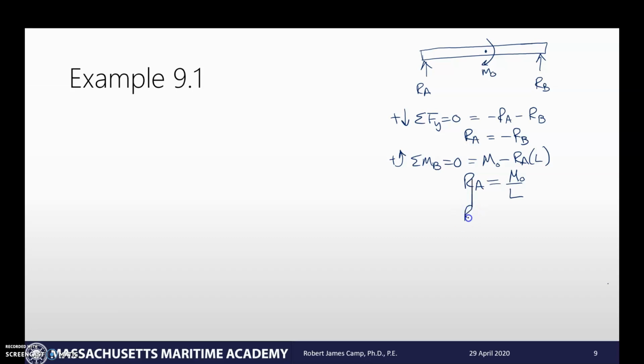And so that tells me that RB, since we did the sum of the Y forces, is going to be negative MO over L. What does that mean? That means this one's going to be our negative, this one's going to be our positive. Okay.